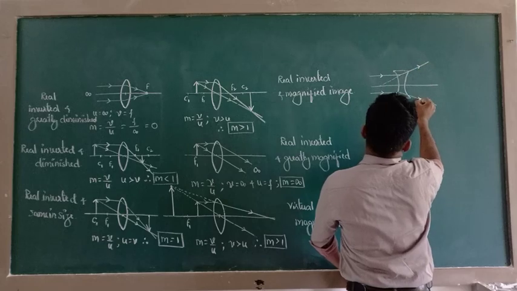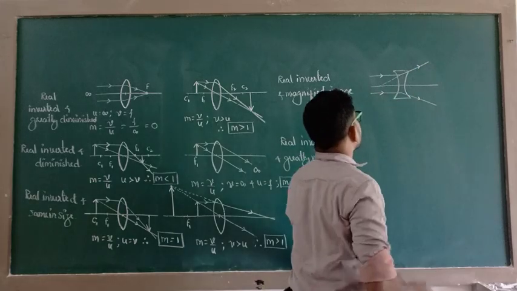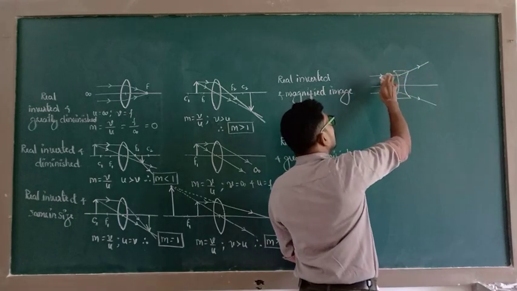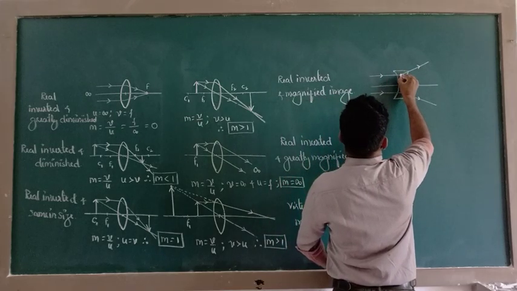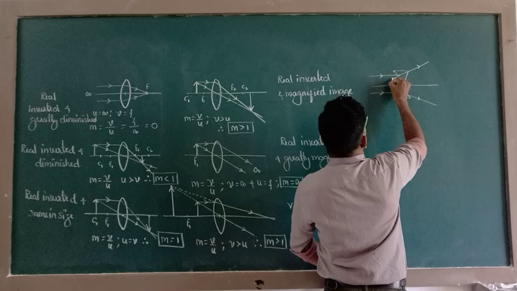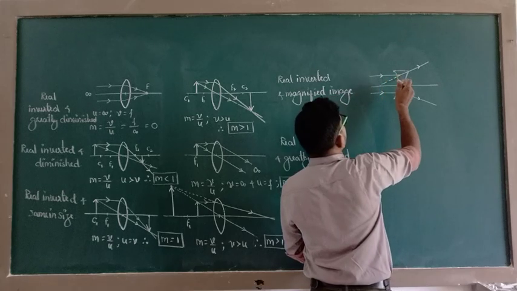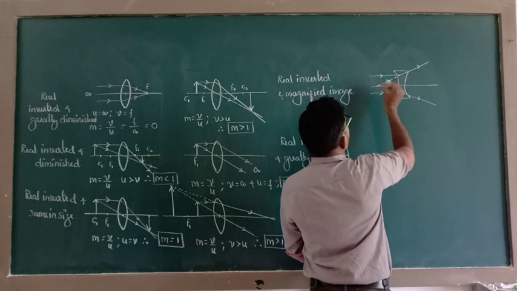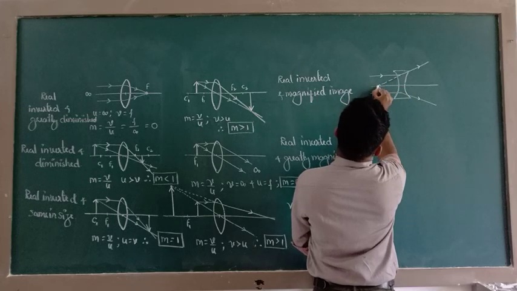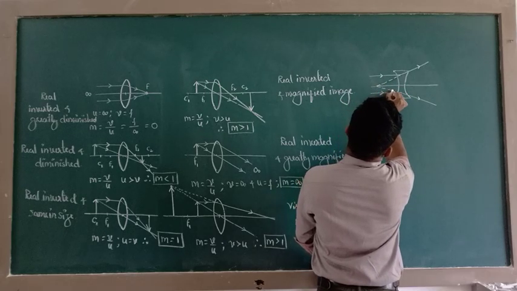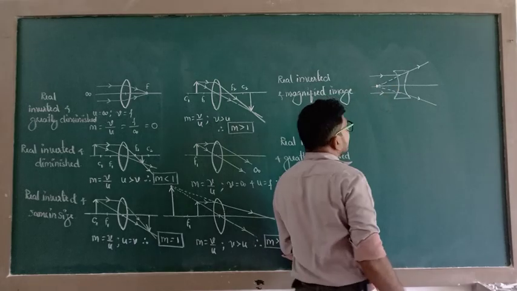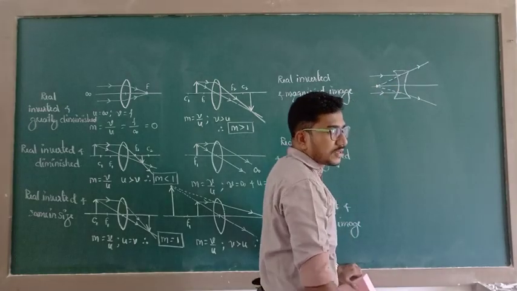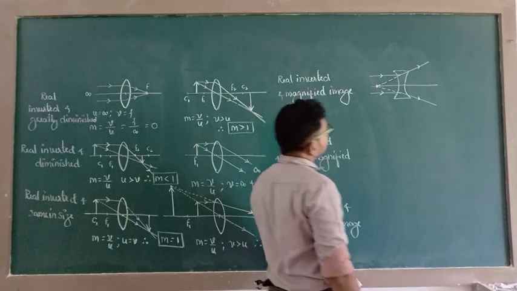They never meet with each other in forward direction, so I am going to proceed these two light rays in backward direction. They are going to meet at some point. That point represents the position of the image, and here that point is nothing but the principal focus.